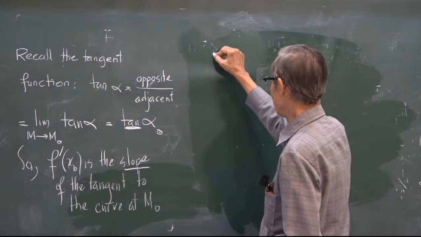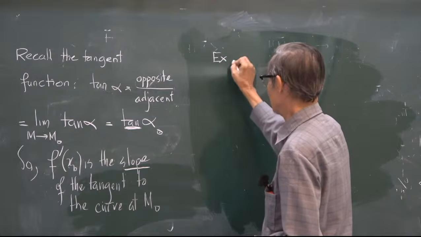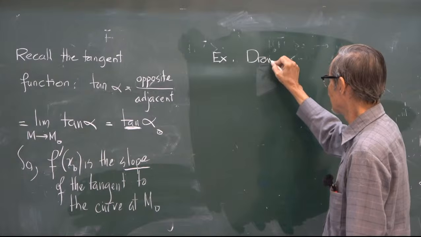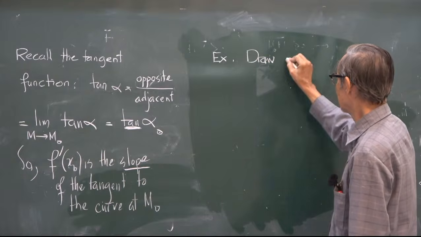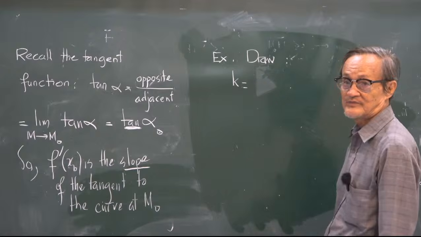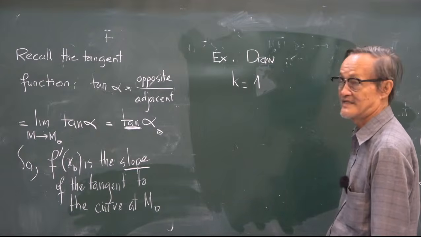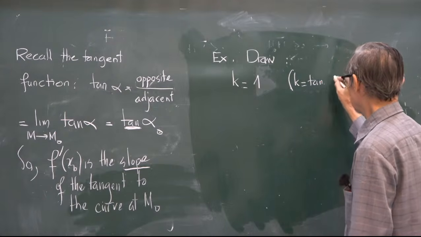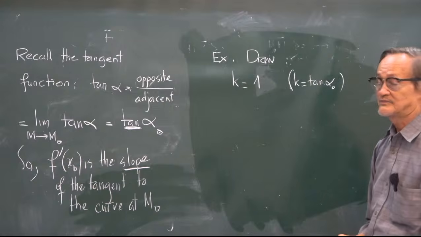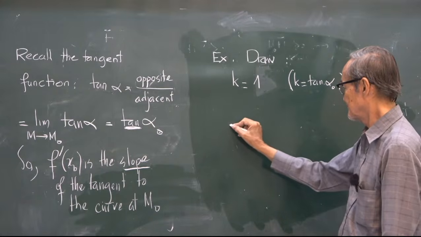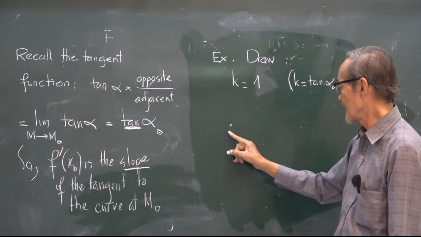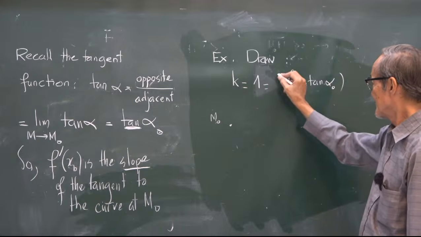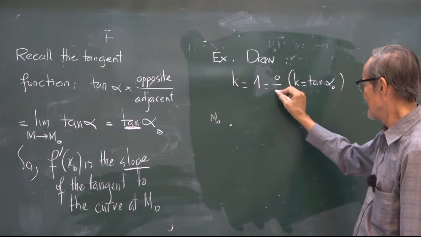Now let's consider some examples. Draw K equals 1. K tangent. Here origin point M0, K opposite over adjacent.